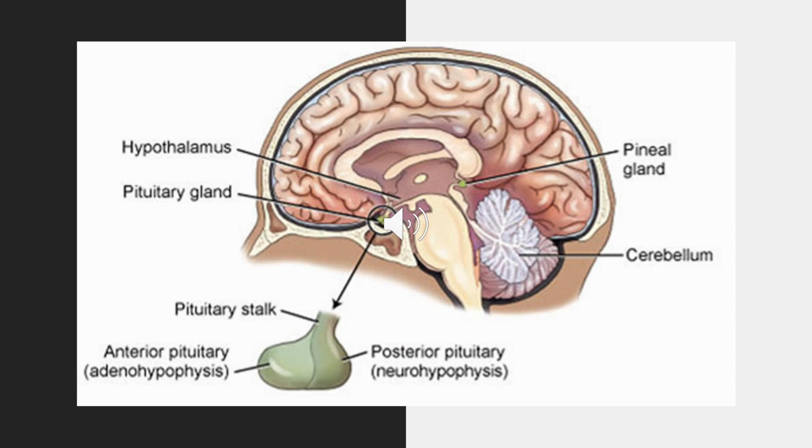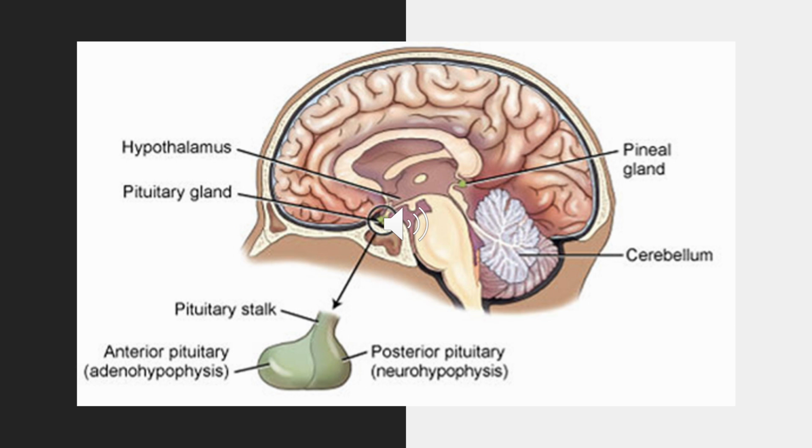The pituitary gland is often called the master gland of the body. It is divided into the anterior pituitary and the posterior pituitary. What is unique about the posterior pituitary is that the hormones are manufactured in the hypothalamus, and then they travel down the pituitary stalk to the posterior pituitary, and there are two hormones that are released from the posterior pituitary.